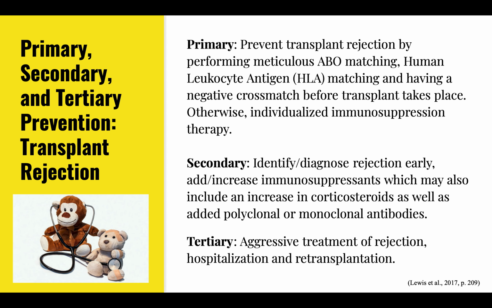A secondary prevention is early diagnosis with additional immunosuppressive therapy, which may include increased doses of immunosuppressants and corticosteroids, and adding polyclonal or monoclonal antibodies. Tertiary prevention would be the treatment of the rejection, long-term hospitalization, and may need retransplantation.